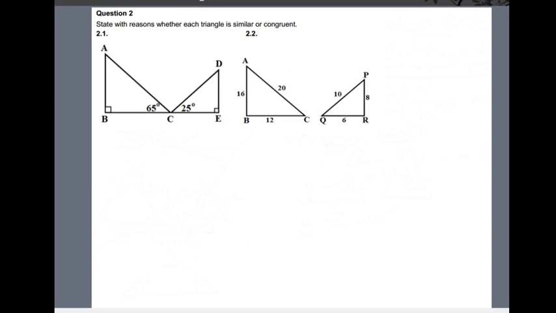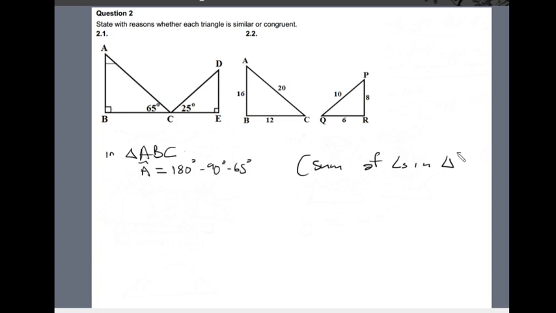So question 2.1, we need to state with reasons whether each triangle is similar or congruent. So we see that in triangle ABC, this angle A will be equal to 180 minus 90 minus 65, sum of angles in a triangle, right?